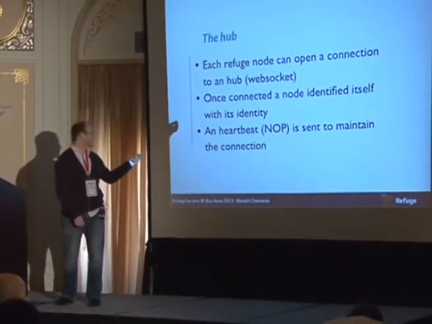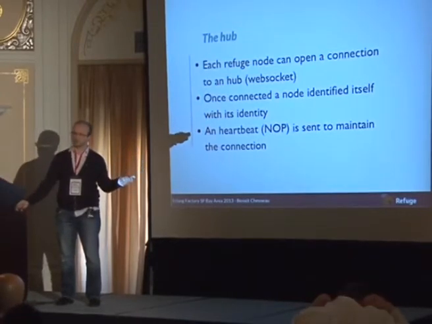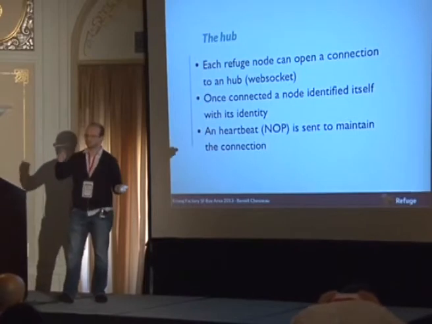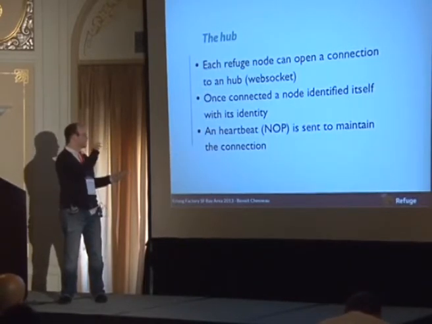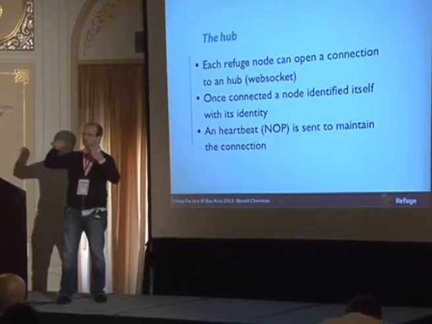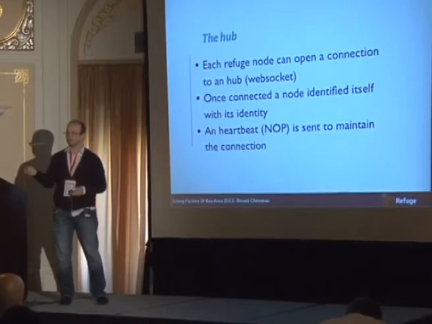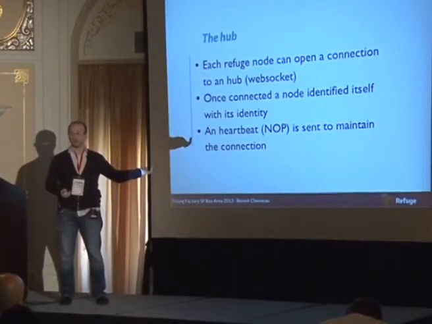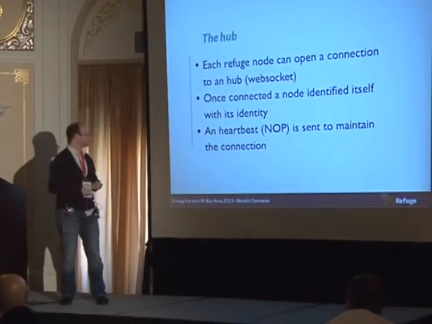So your hub has no contact with the Refuge node. This is the Refuge node that made the connection. We are in a truly decentralized service because a Refuge node can connect to multiple hubs. So you can also load balance your information. Or if a hub hangs, you are still connected to another hub, whatever.